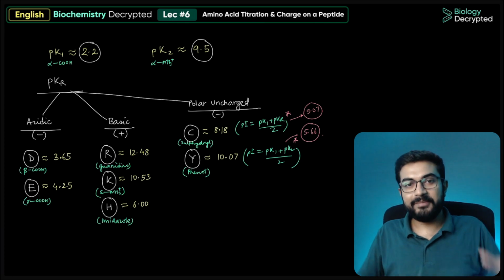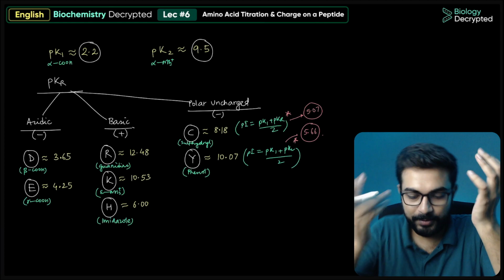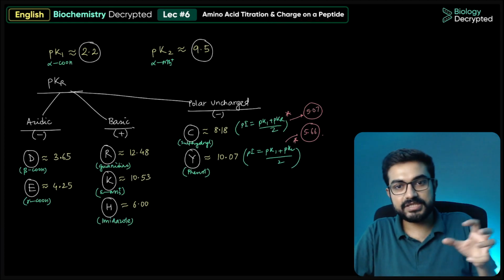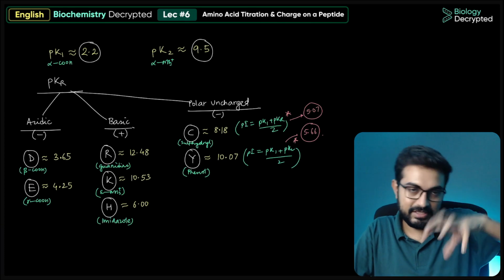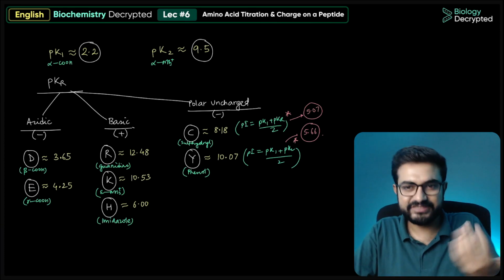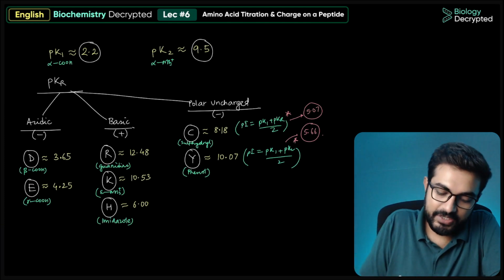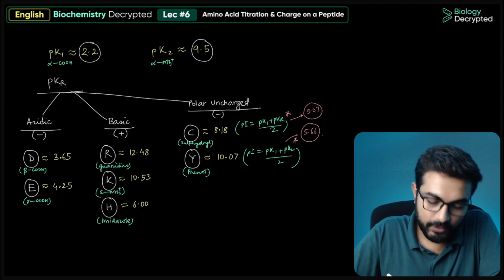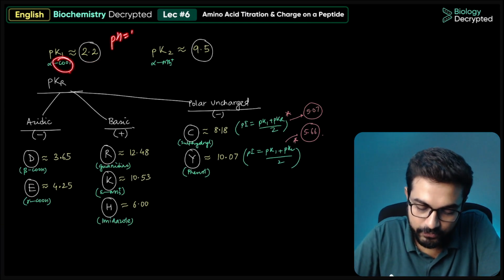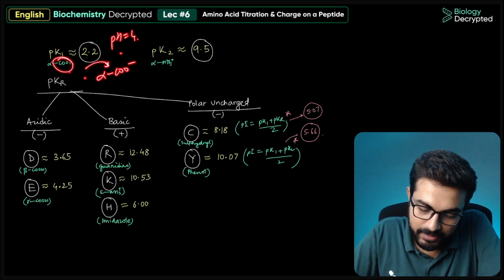Now, the main concept here is to calculate charge on a peptide. It's very easy. These foundations were very important to understand charge on a peptide. You can understand this in the form of ionization. If the pK value is 2.2, and I ask you what is the state of this carboxylic acid group at pH equal to 4, I will simply say that the dominant species will be COO minus.